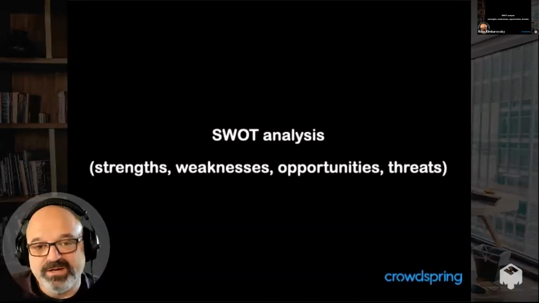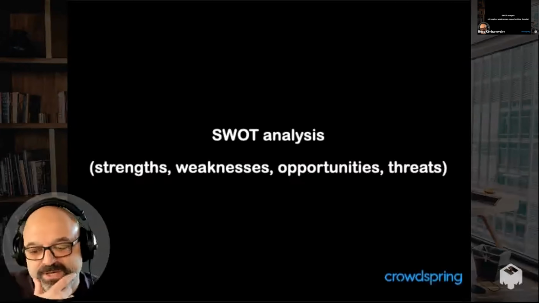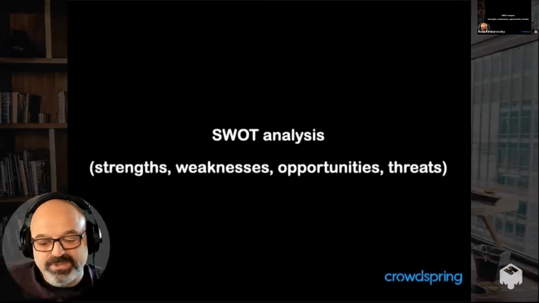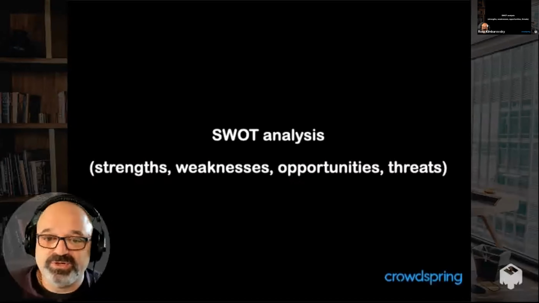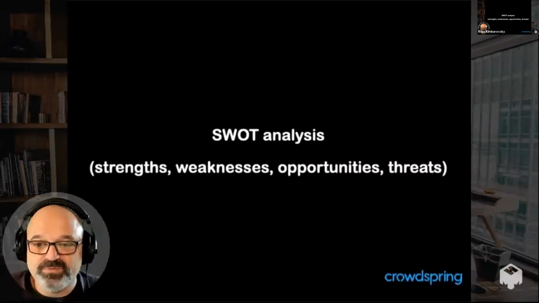And in the guide that I started talking about when I started the presentation on the Crowdspring blog, crowdspring.com/blog/nonprofit-branding, you'll see a good description of what a SWOT analysis is and all of the questions that you should be asking yourself when you do a SWOT analysis.